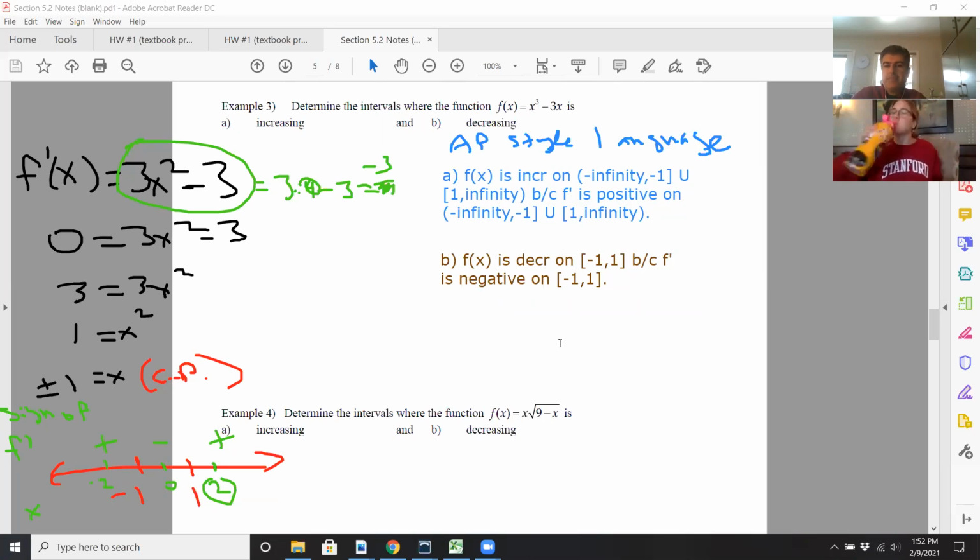And that's how that one works. So again, clearly we're negative on that interval.